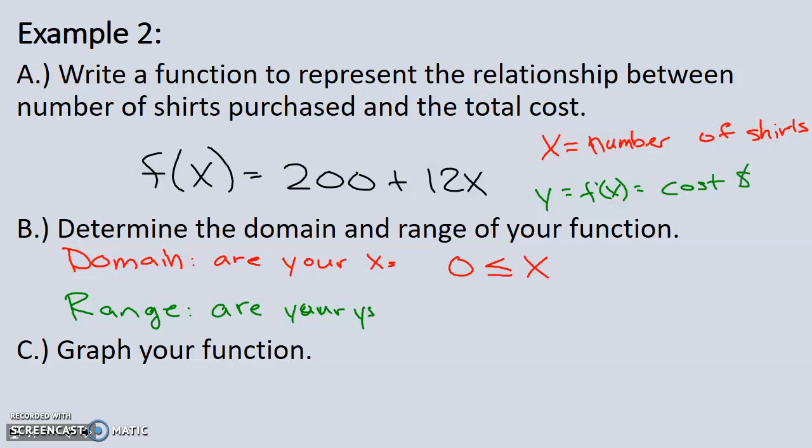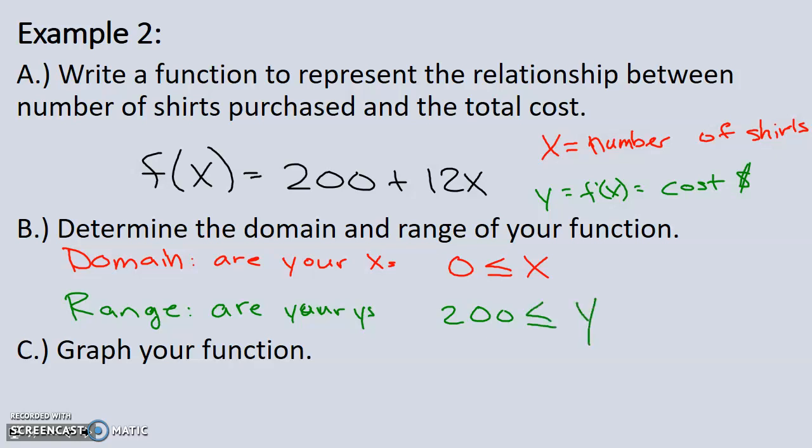It's representing the cost in dollars. So what is the very minimum you're going to have to pay for these shirts? It'd have to be 200, wouldn't it? Because even if you buy no shirts, let's say we say 0 for our x, you still have to pay the $200 as the startup fee.